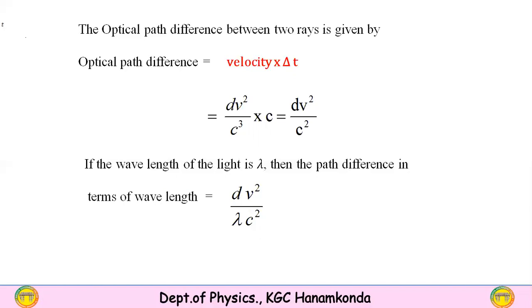One c will cancel, and the remainder is the optical path difference equals dv square by c square. If the wavelength of the monochromatic source is lambda, then the path difference in terms of wavelength is dv square by lambda c square.